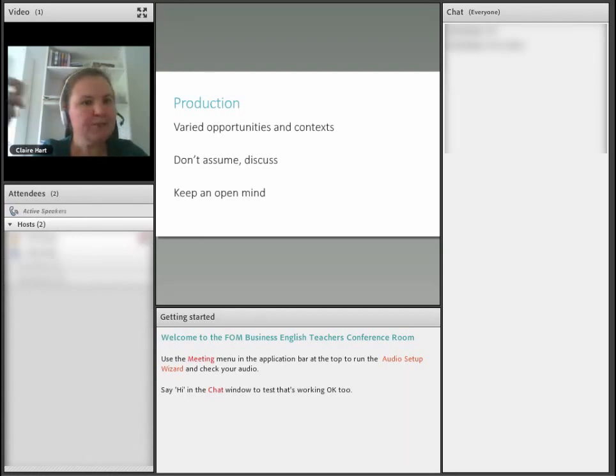So make sure learners have opportunities to produce language from the very beginning of your course. Make use of those opportunities to record and analyze their language. Don't assume that you know what they need before you've asked them. Ask them while keeping an open mind.